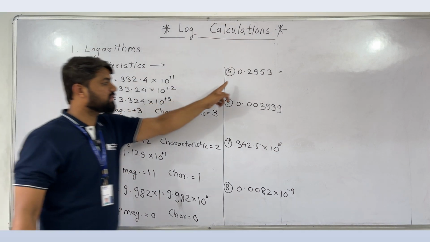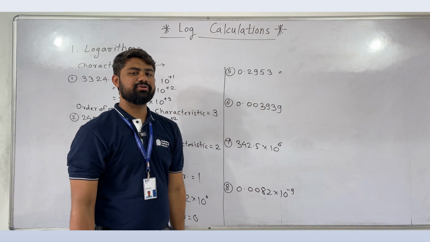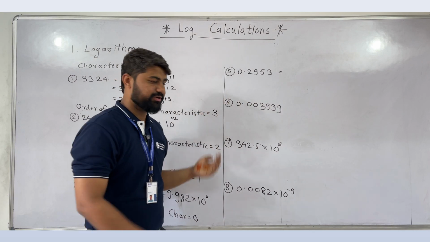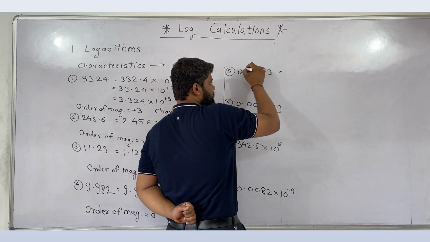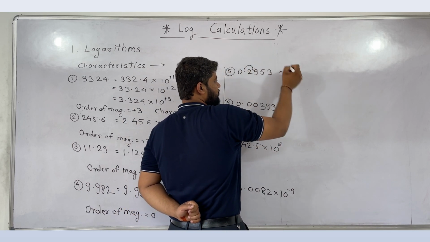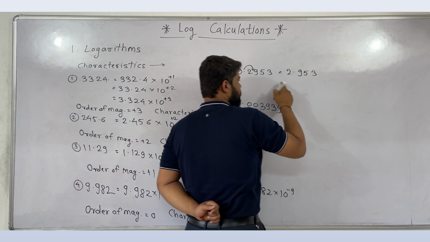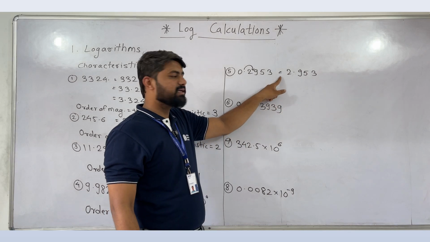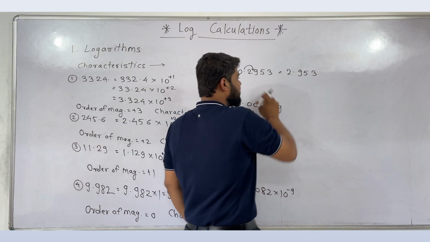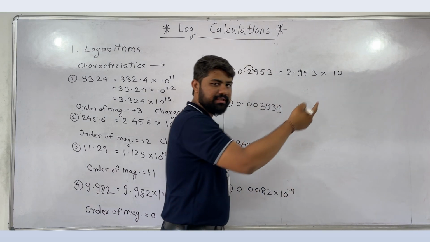Now we have to shift the decimal point to the right such that we get one non-zero digit to its left. So, see, we have to shift this decimal point to here. We get 2.953. Now we have increased the value of this number. So to balance the equation, we have to multiply this with 10 raised to something.